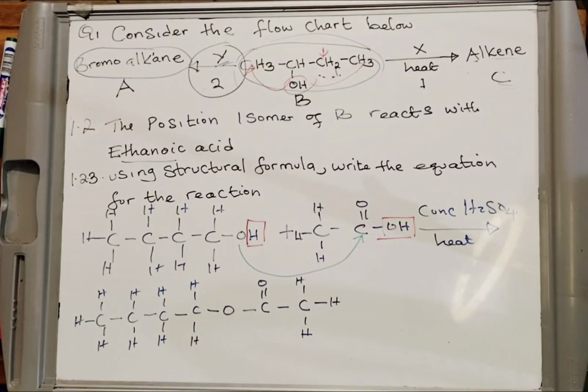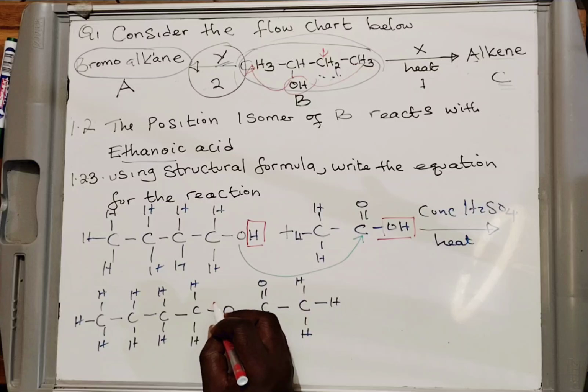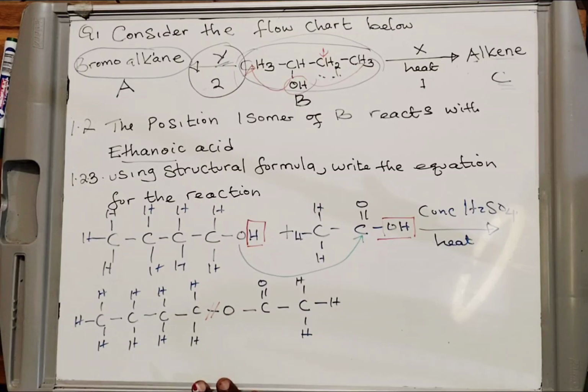So after that, let us try to do some bit of naming here. What is the name of this ester formed? You come to where O goes to the alkyl group, you sever that part, and you have to remember that what we have here is an alkyl group, and with 4 carbon atoms it is butyl.